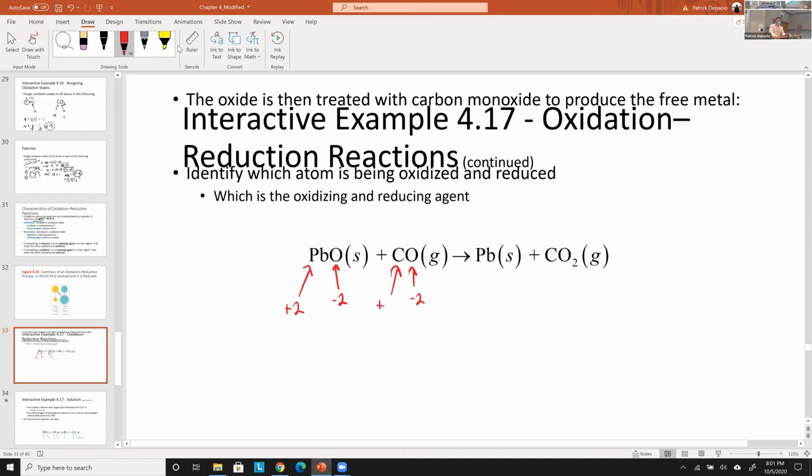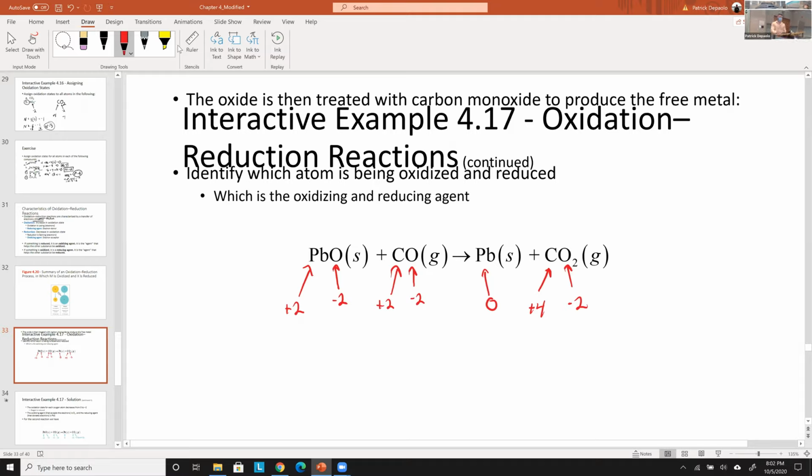Good, +2. What's Pb? Good, 0 by itself, elemental form, 0. Automatically something changed, so Pb went down, that means something else is going to change. Oxygen here, -2. What's carbon? Good, +4, because there are two -2s for the oxygen, +4 has to negate it.